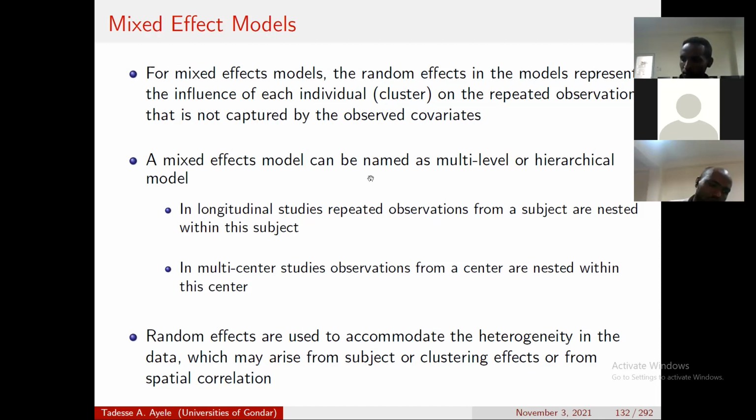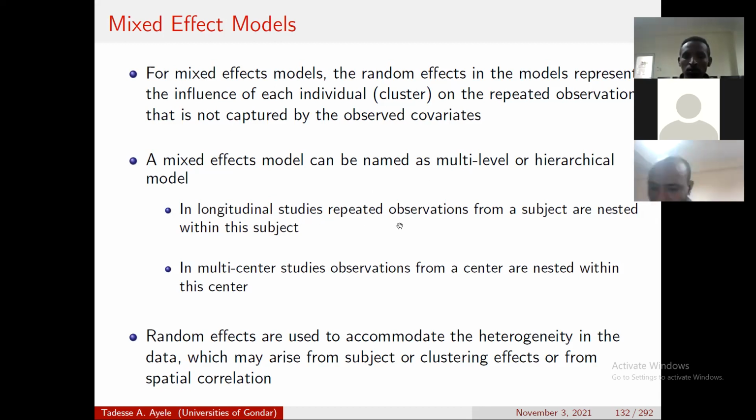A mixed effect model can be named a multi-level, hierarchical, or mixed effect model. There can be different names. Whether it is called mixed effect, multi-level, or hierarchical, it is the same. Some books write mixed effect model, some call it multi-level model, and others hierarchical. It is the same.